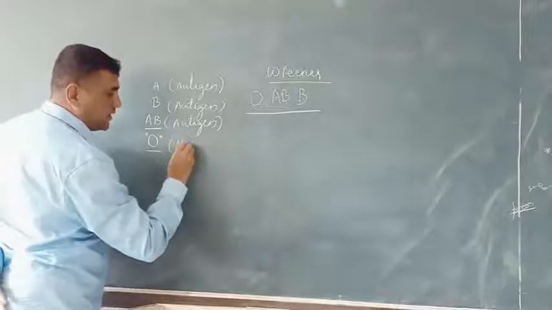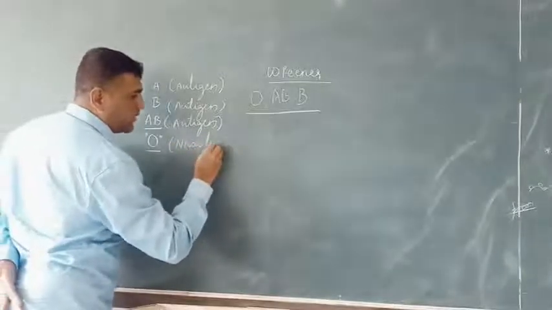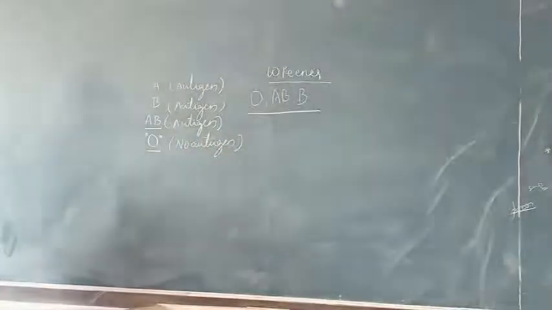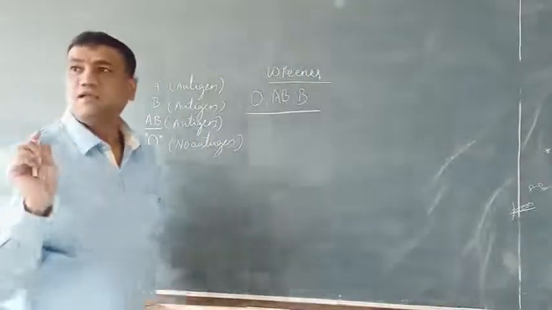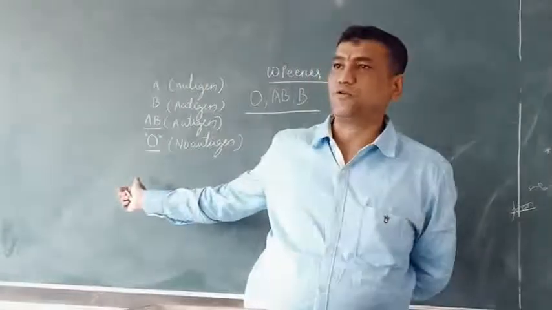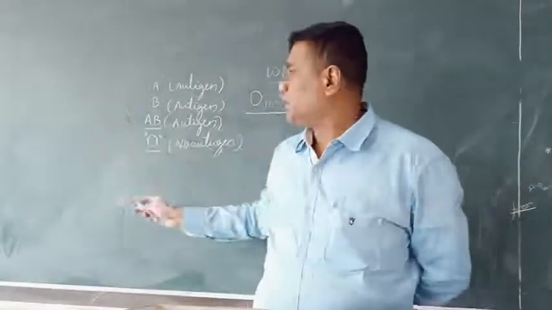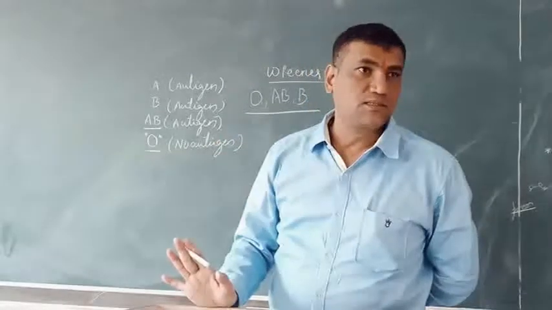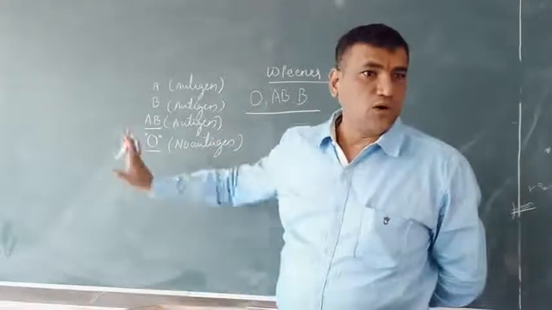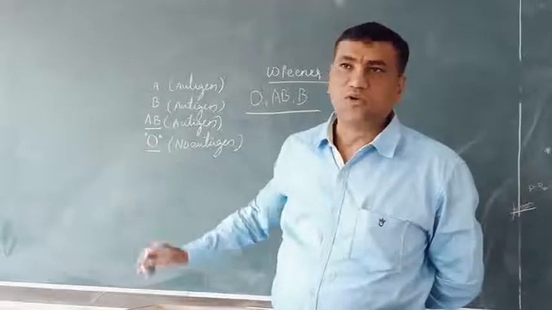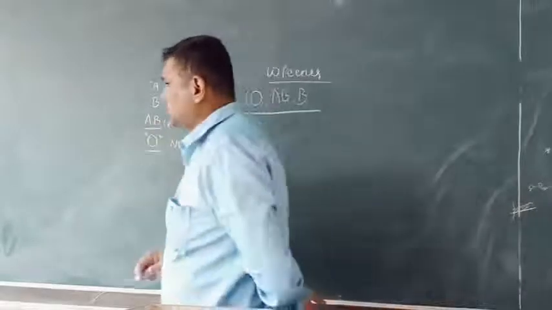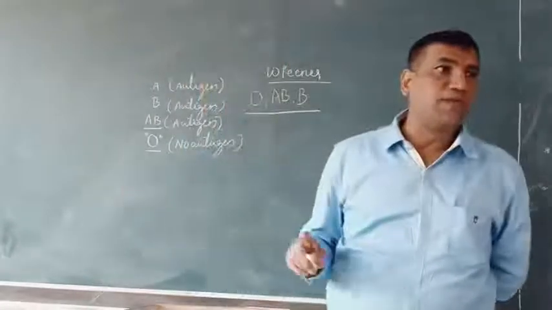So no antigens. You remember only this term, it will be easy for you in identification. Whatever the antigen is there, the person's blood group is that blood group. And only in the case of O, no antigens. Opposite to that you can write antibodies. Again, if I say both, you may be confused.